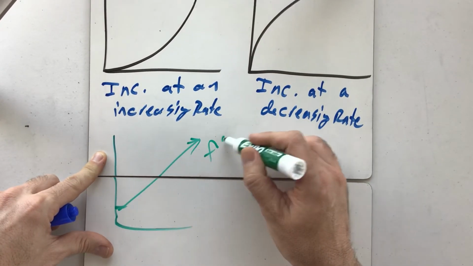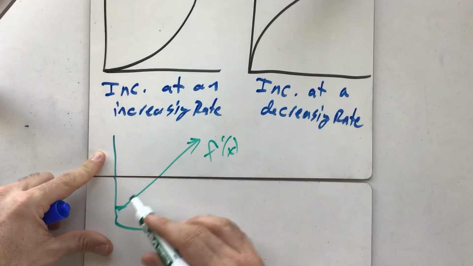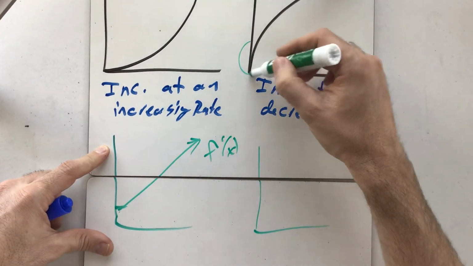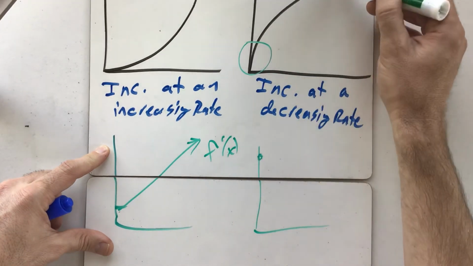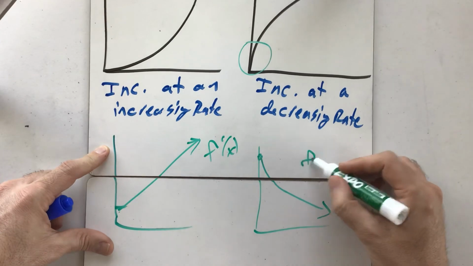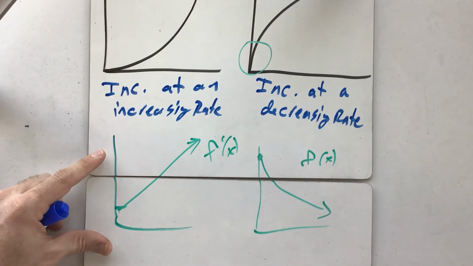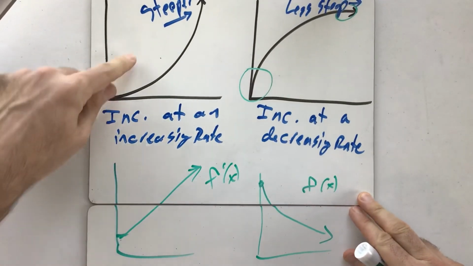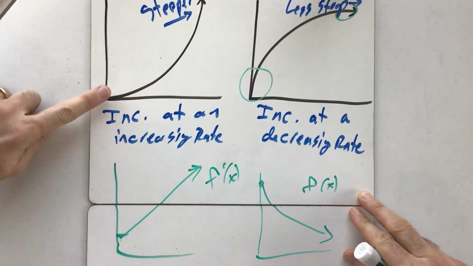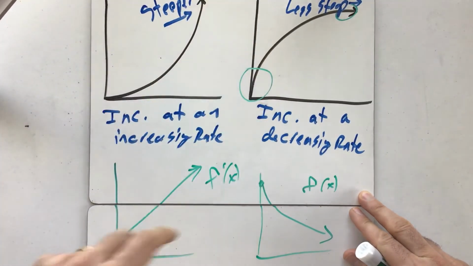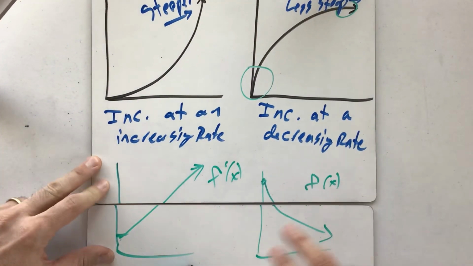So f prime of x starts small and gets big, versus over here, f prime of x is going to start really big and then get very small. What we notice is that for this graph, f prime of x starts small and gets big. f prime of x is growing, is increasing, and here f prime of x is decreasing.